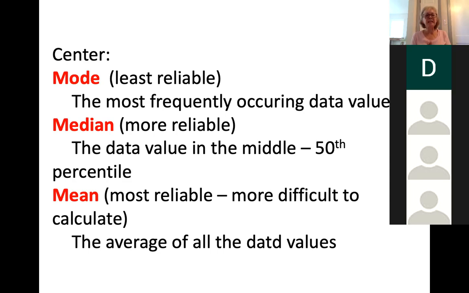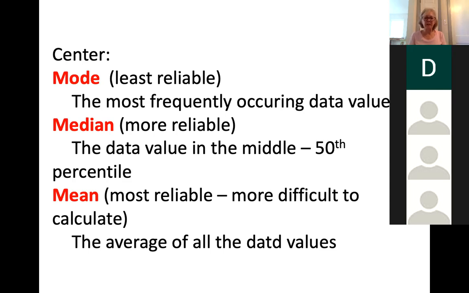The most naive way of measuring the center is the data value that occurs most often, the mode. For example, I graded an exam, and the value that occurred most often was 85. More people got 85 on their exam than any other value.